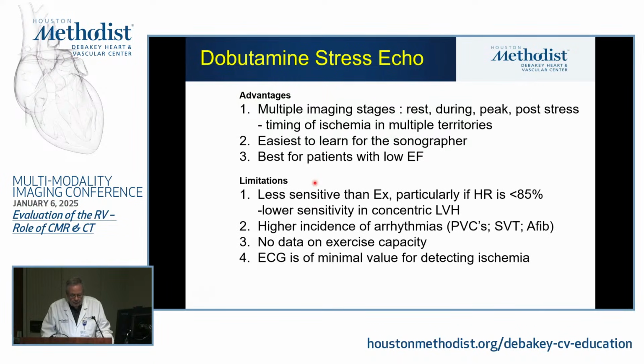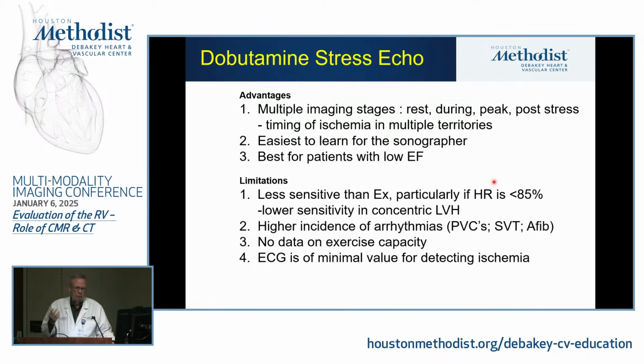However, it is less sensitive than exercise, particularly if you don't get the heart rate to 85. That's where atropine comes in. But the biggest problem is that the LV cavity gets very small. And it's hard to evaluate wall motion when you have a tiny cavity, particularly in LVH. So sensitivity is a bigger problem with LVH. You have a lot more arrhythmias, which can make your life complicated in trying to look at wall motion.